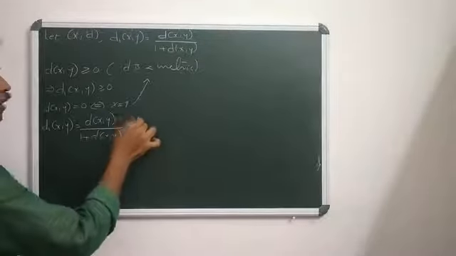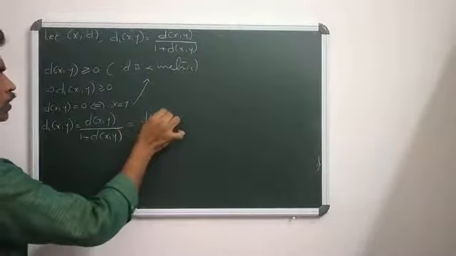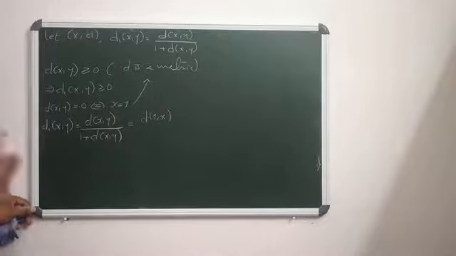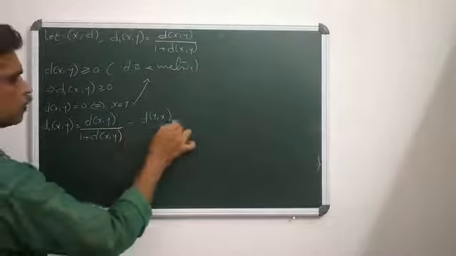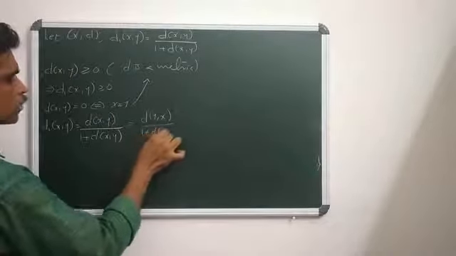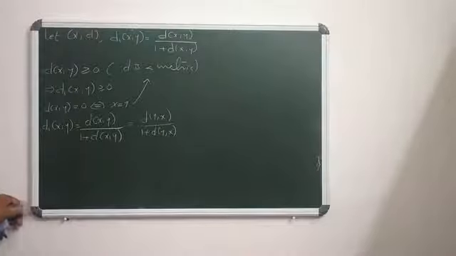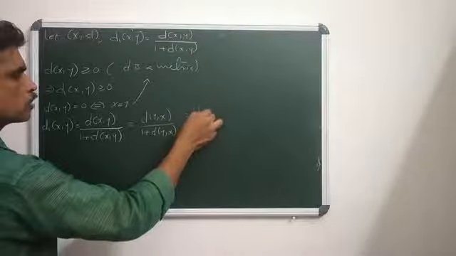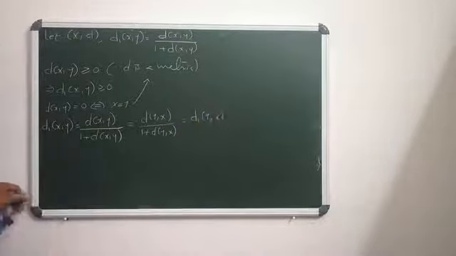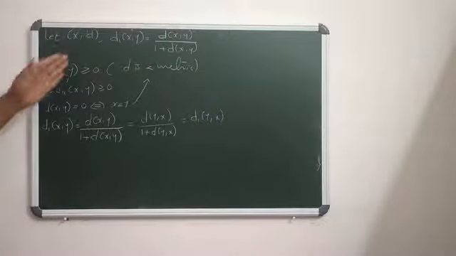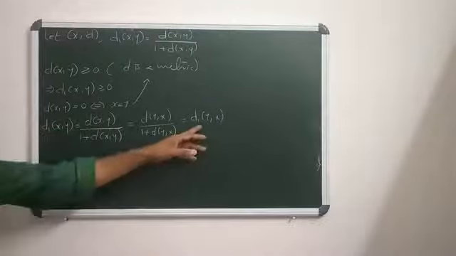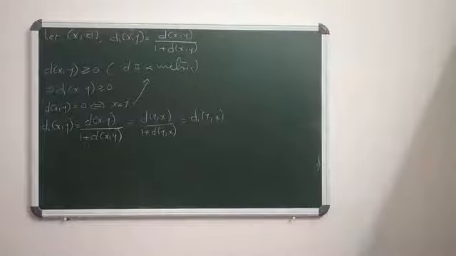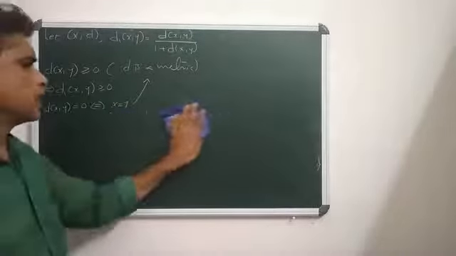But d(x,y) is the same as d(y,x) because d is symmetric, that's already given. So you can replace d(x,y) by d(y,x), divided by 1 plus d(y,x). What is d(y,x) by 1 plus d(y,x)? By definition, it is d1(y,x). Thus d1(x,y) equals d1(y,x). Symmetry is also satisfied.